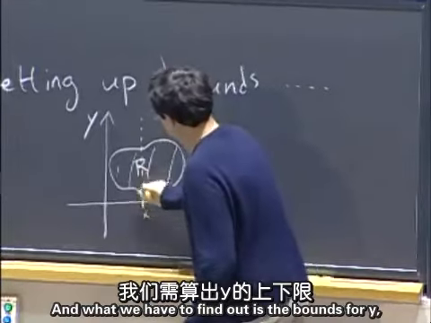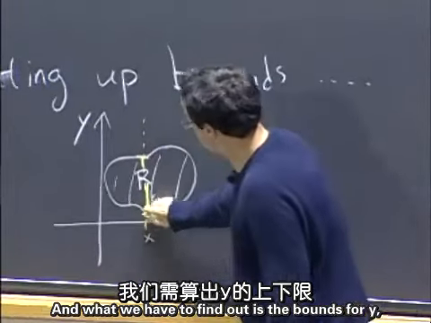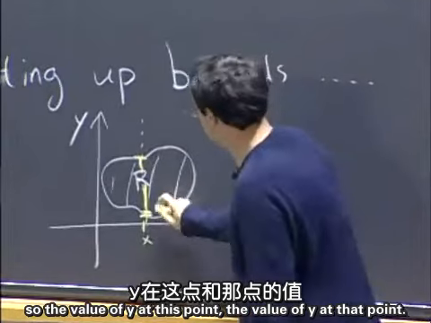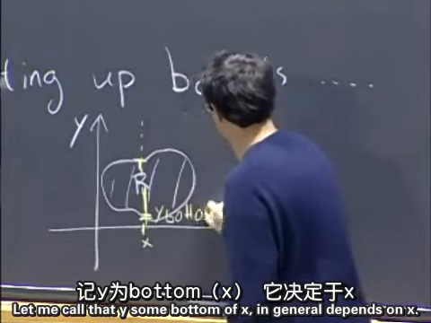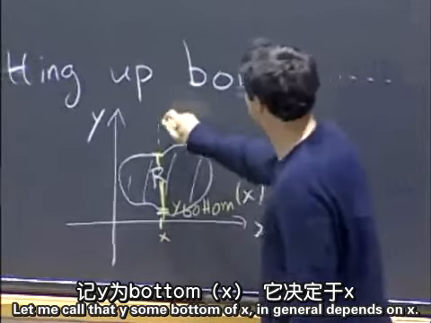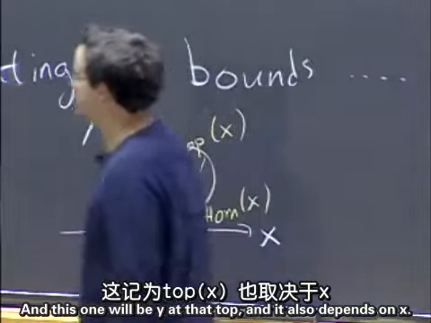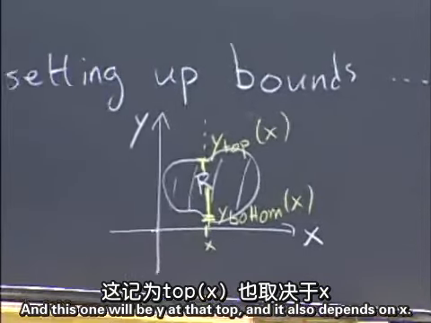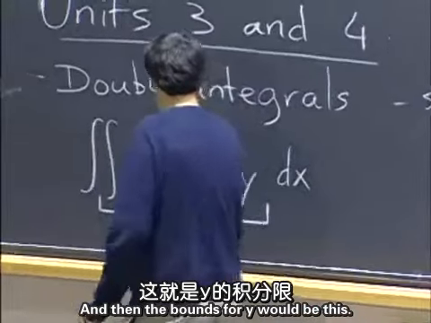And what we have to find out is the bounds for y. So the value of y at this point, the value of y at that point. Let me call that y sub bottom of x. In general, it depends on x. And this one will be y at the top, and it also depends on x. And then the bounds for y would be like this.